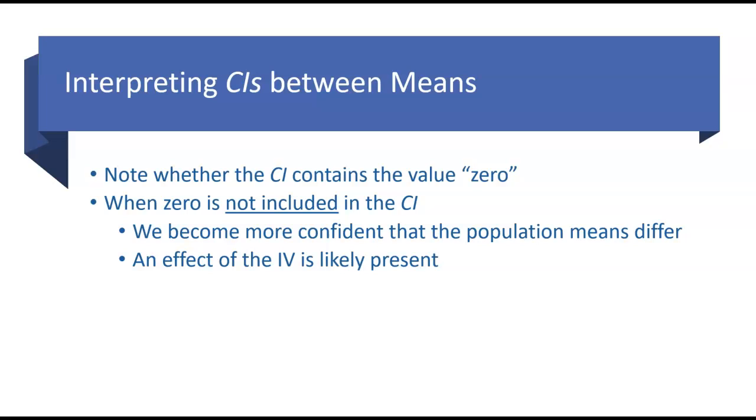If you don't see a 0 in the confidence interval, then you can be more confident that the population means are different, and that an effect is likely. You can be more confident that you have a population mean difference that you can infer based on the difference in your sample.